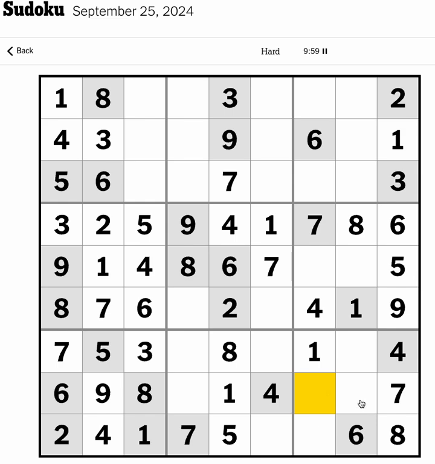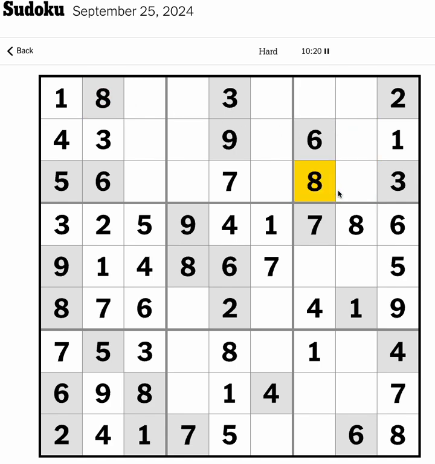2, 3, 5. 2 and 3. 2, 6, 9. Oh, okay. In box 3, 8 blocks these 3, 8 blocks here.